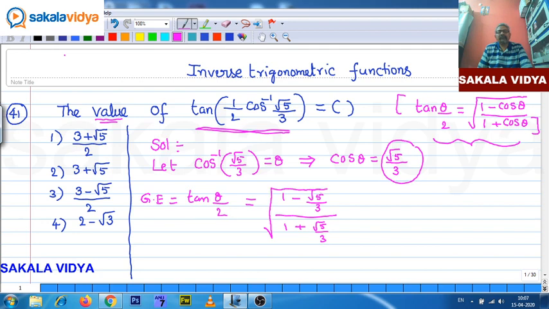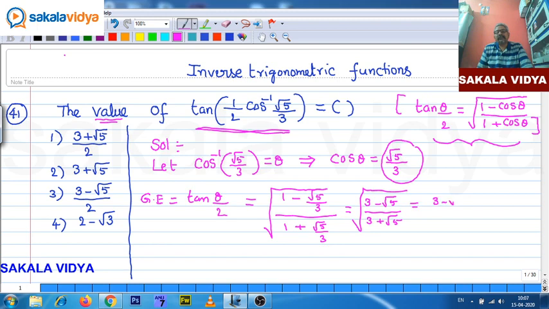Now this can be simplified. 3 is the LCM, this will be 3 minus root 5 by 3 plus root 5, this is under root. Now, let us rationalize the denominator with 3 minus root 5.